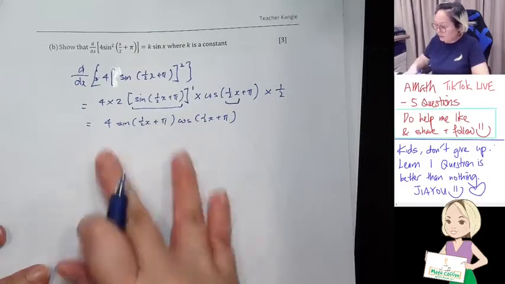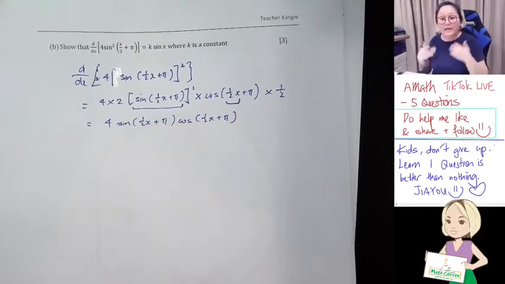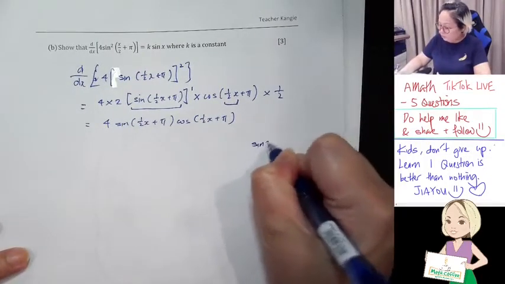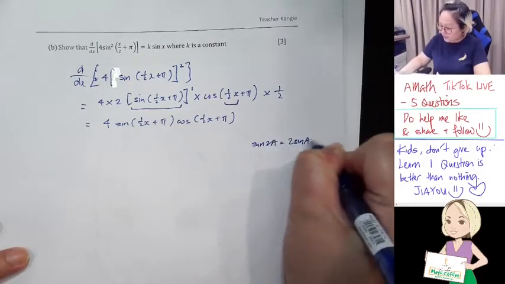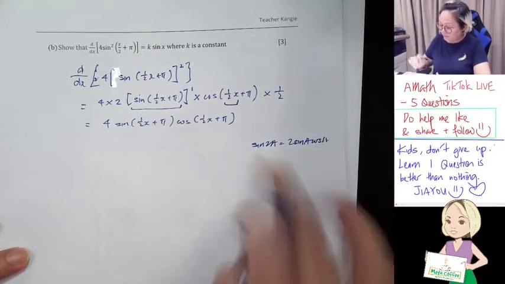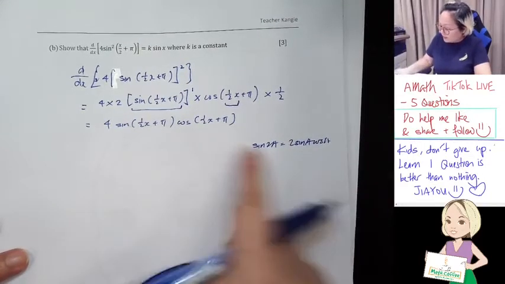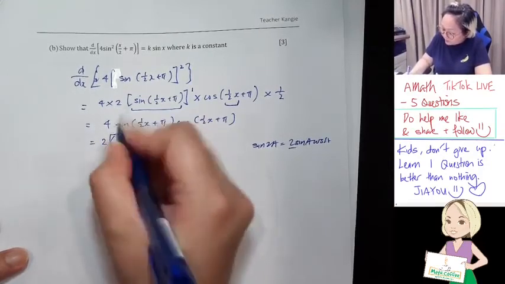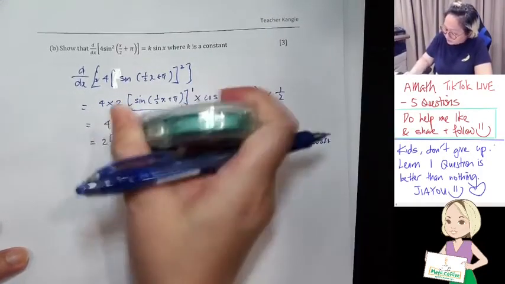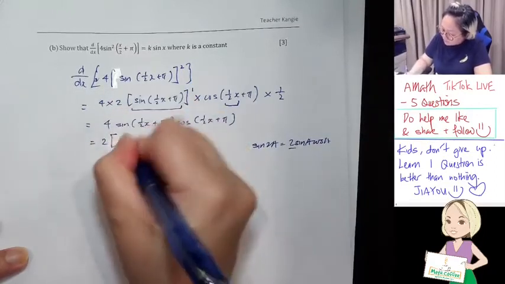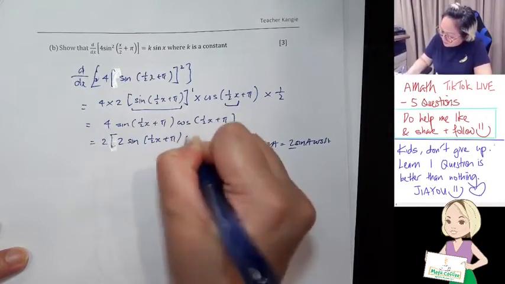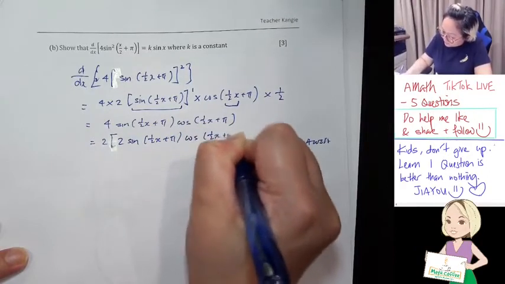And then after that, I have to apply the double angle of sine. So at the side I will write sine 2a equals 2 sine a cosine a. So I'm going to take out 2 first. So put 2, square bracket, 2 sine half x plus pi cosine half x plus pi.